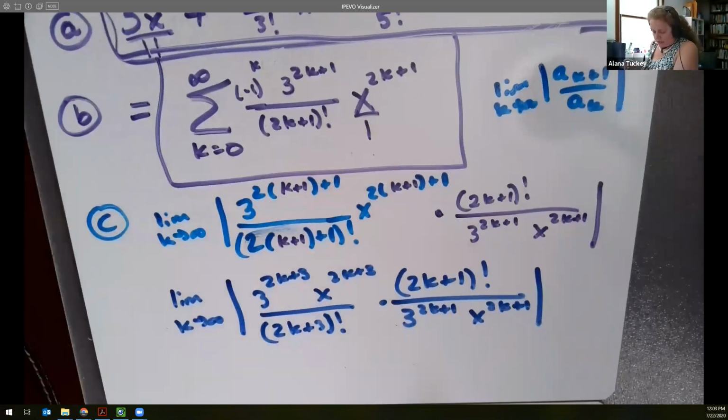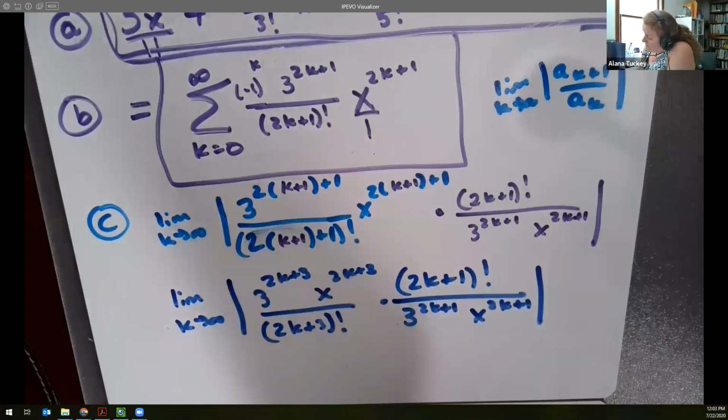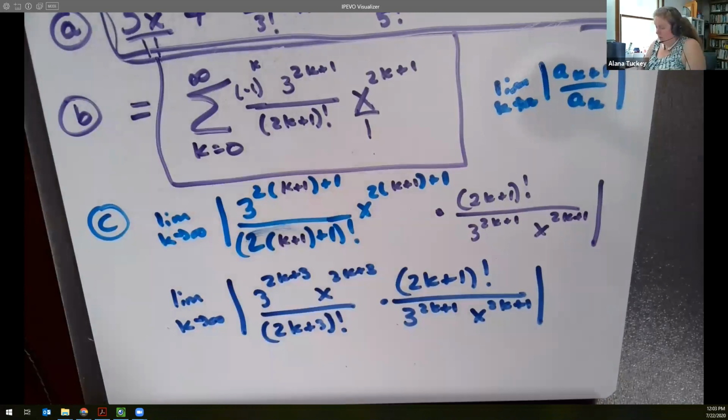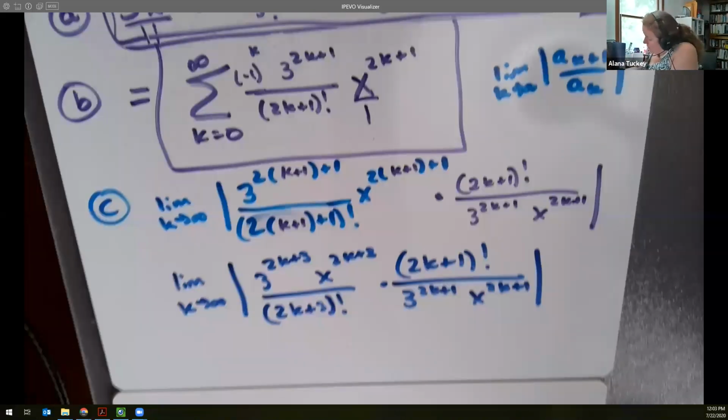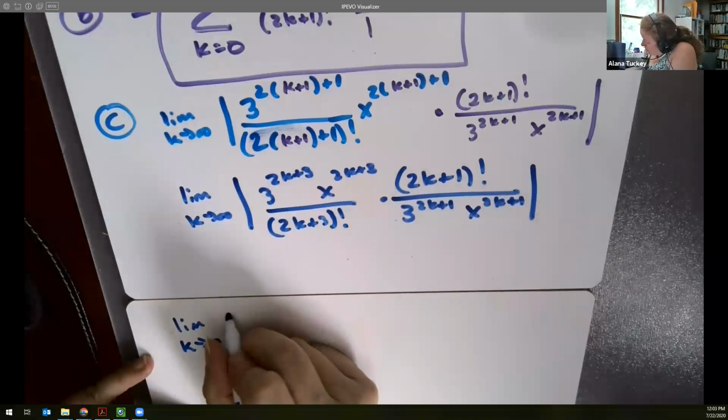Canceling, lots of canceling. But I'm worried because I saw some of you cancel this wrong, so let me write this a different way. Give me 1 second, and then I'll show it to you. You won't have to look at it like this anymore. I'm just going to rewrite it.